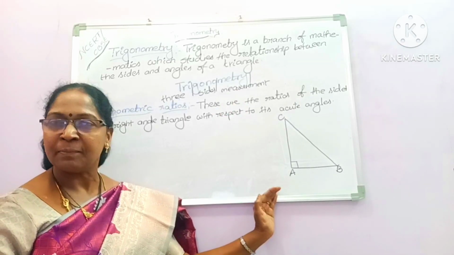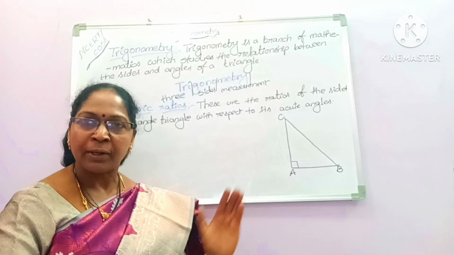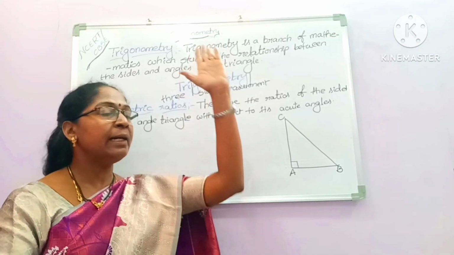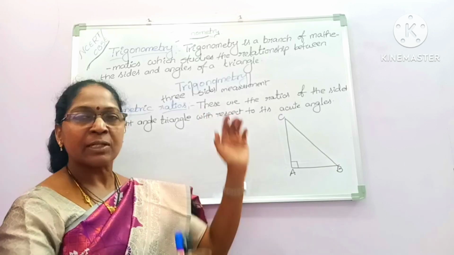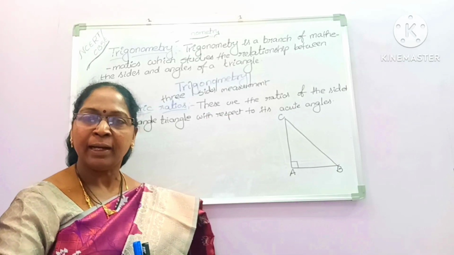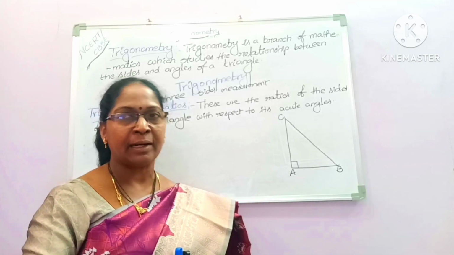Sides and angles means, suppose if you want to measure any height, then how can you measure that height? Straight line only. In which triangle will you get that straight line? That is in the right angle triangle.